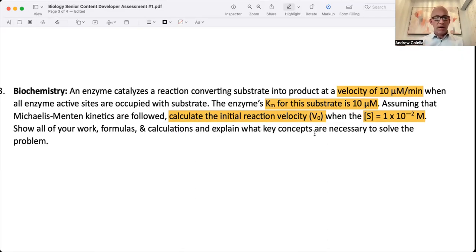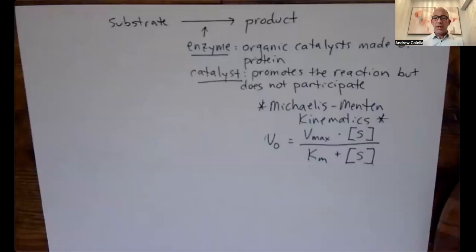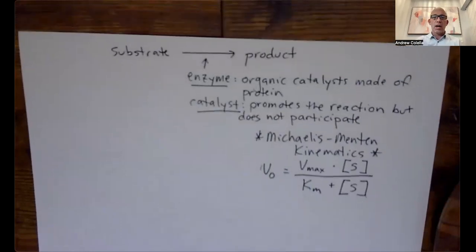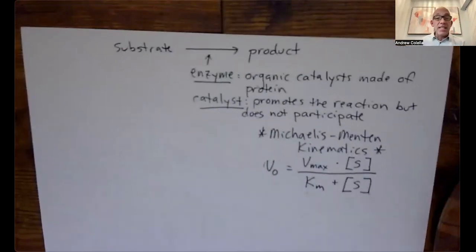Once I've gone through and read it once and highlighted those key components, I then go back and say, all right, what are we talking about here? An enzyme catalyzes a reaction converting substrate into product using this kinetics relationship. So I'm going to switch over to my handwritten work, and we're going to walk through the concept a little bit.